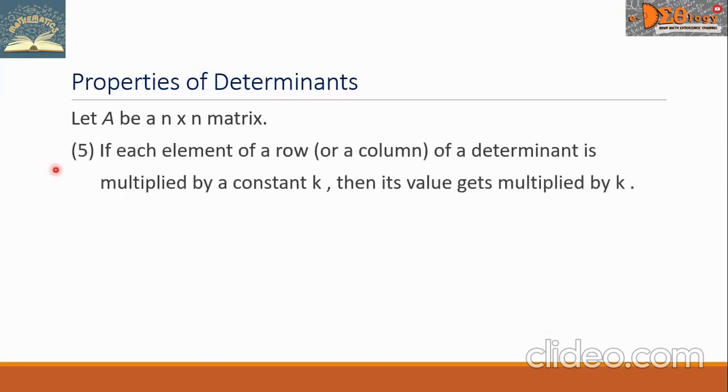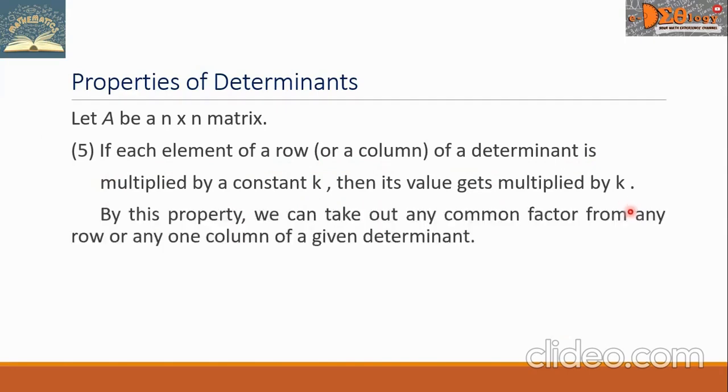Number 5: if each element of a row or a column of a determinant is multiplied by a constant k, then its value gets multiplied by k. By this property, we can take out any common factor from any row or any column of a given determinant.